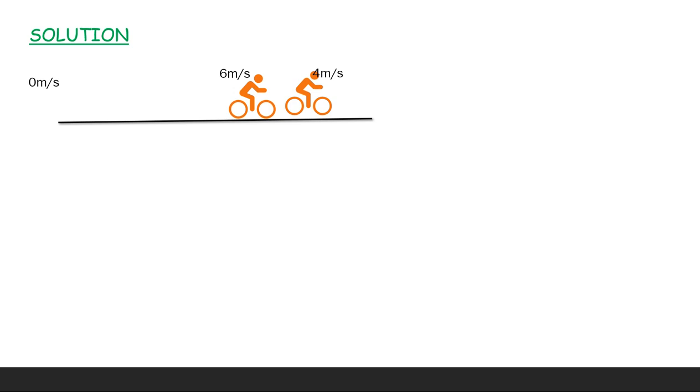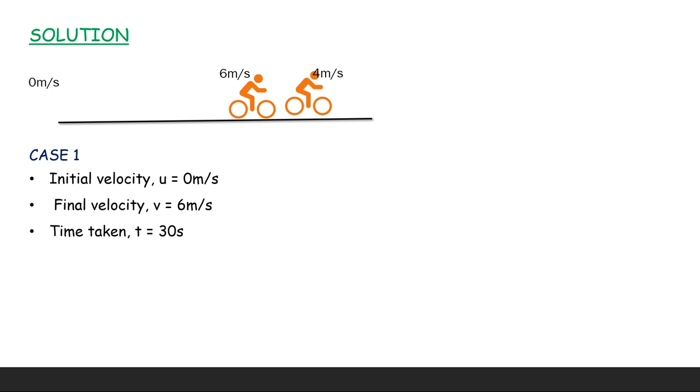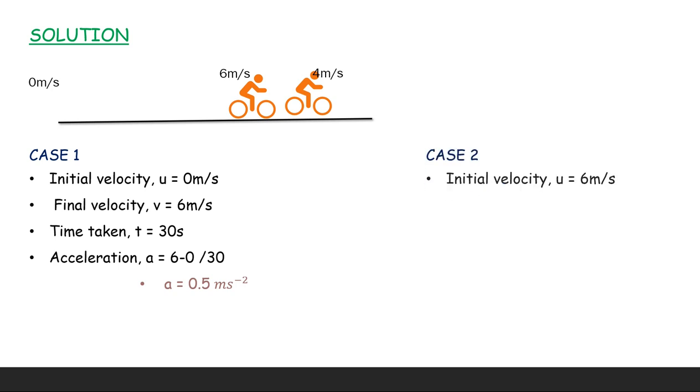So this is the second case. Let us see the first case, where initial velocity is 0, final velocity is 6, time taken is 30 seconds. We directly substitute in the formula, and we get a as 0.5 meter per second square.